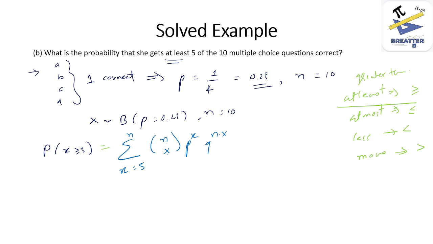Here we know that this one is the probability mass function and this one is taken for the cumulative distribution, as we need to find the probability for at least, that means P of X greater than or equal to 5.